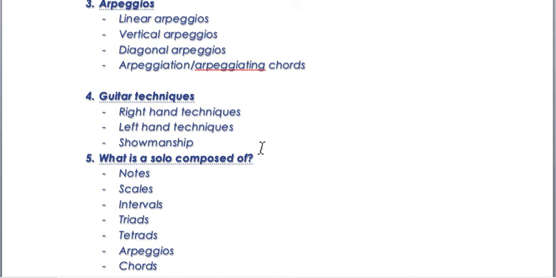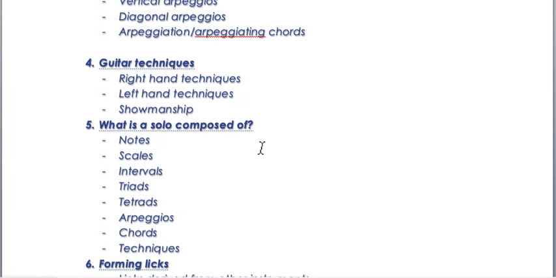Of course, the other hand is coming into play, but the major player there would be the right hand, and the left hand techniques are produced by the left hand. Showmanship is a way of trying to play things in a fashion that would attract viewers or fans, or whatever you call them, when you're playing. We'll demonstrate a few of those.